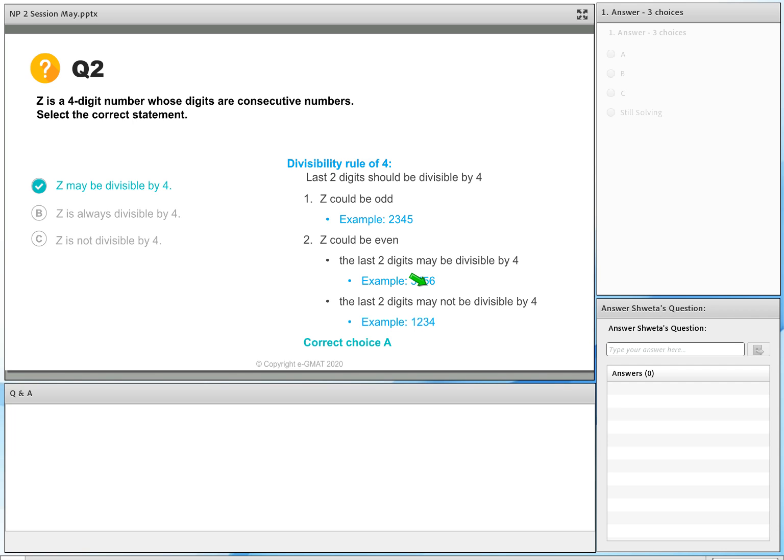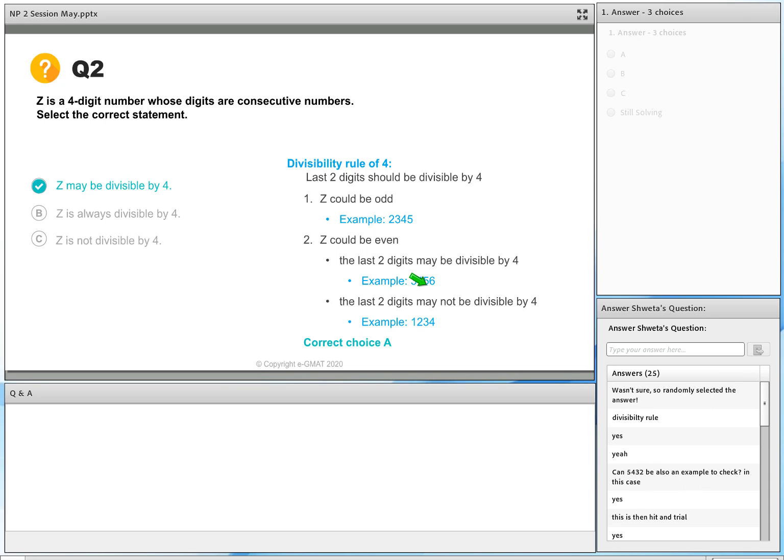Tell me you understood this in the chat box and what is it exactly that confused you in this question? Okay, so some people said, again, did not know the divisibility rule.